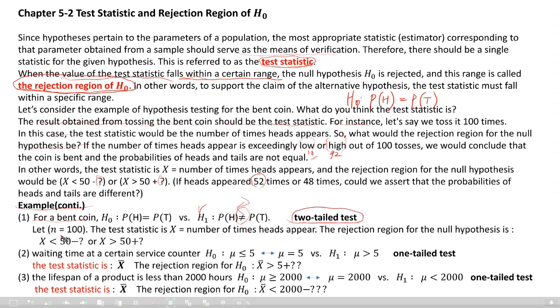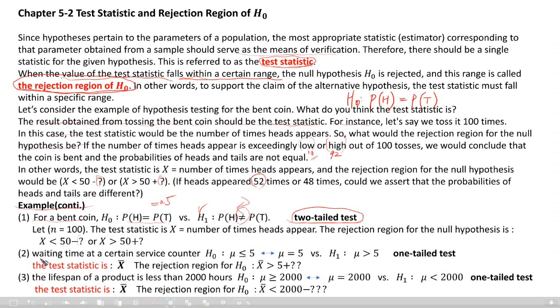Let n equal 100, 100 tosses. The test statistic is the number of times heads appear. The rejection region for the null hypothesis is x less than 50 minus question mark or x greater than 50 plus question mark. That's why the value 50 is here.